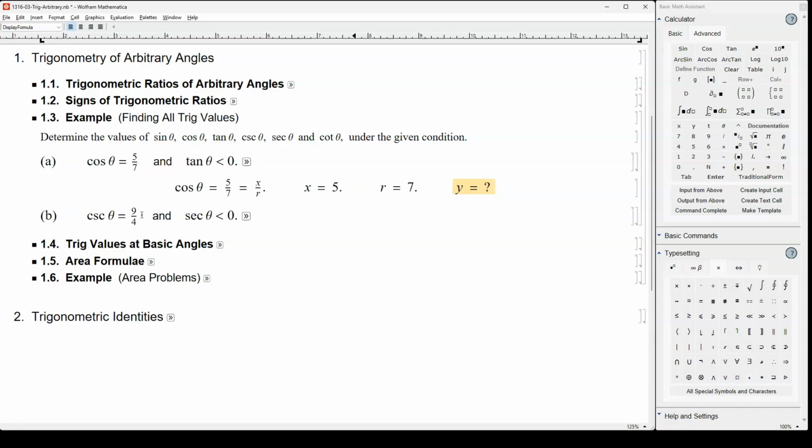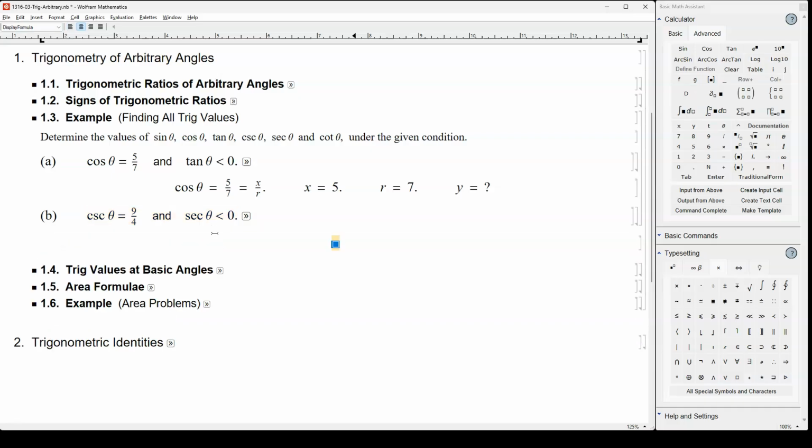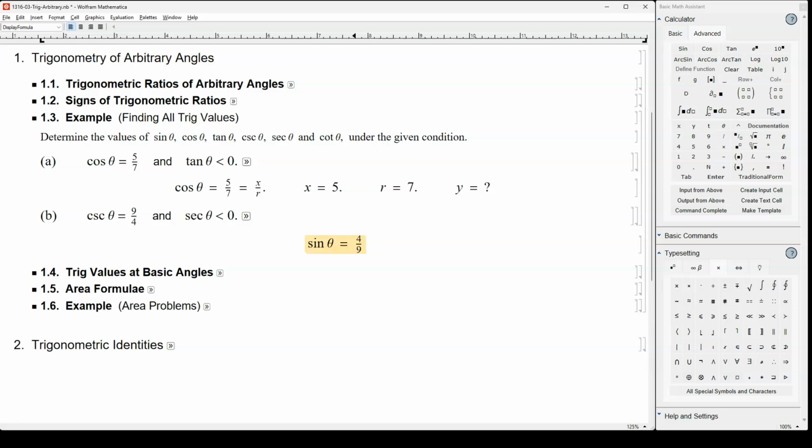How about this one here? Cosecant is 9/4 and secant is negative. Cosecant is 9/4, so you can immediately rewrite as sine of theta is 4/9, and that is y over r.